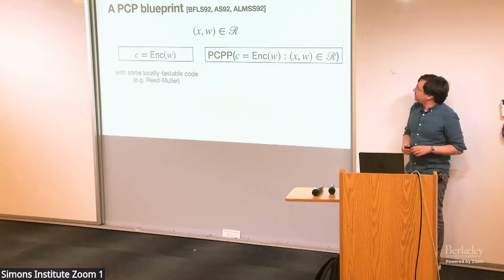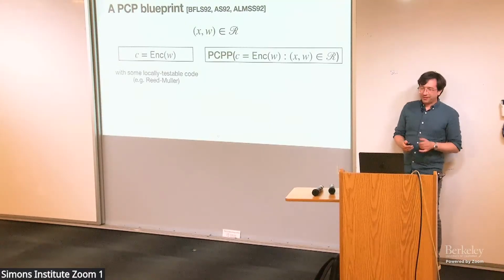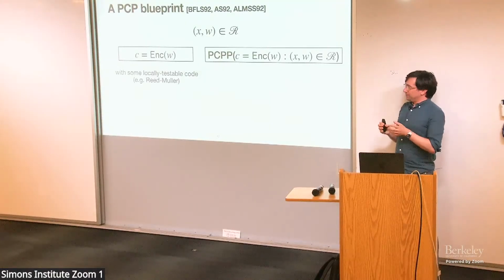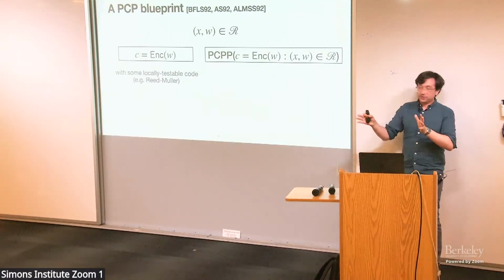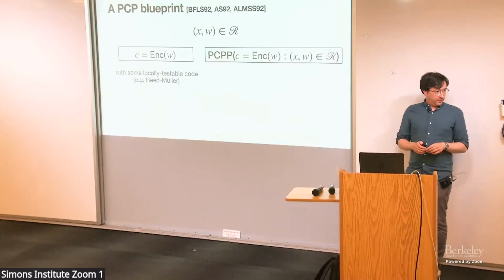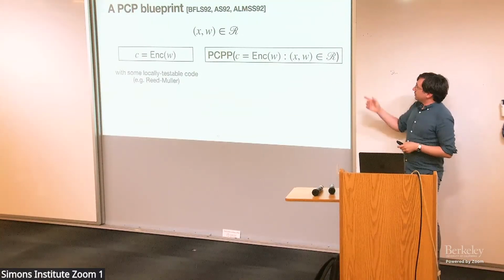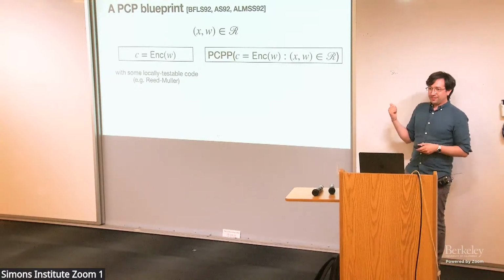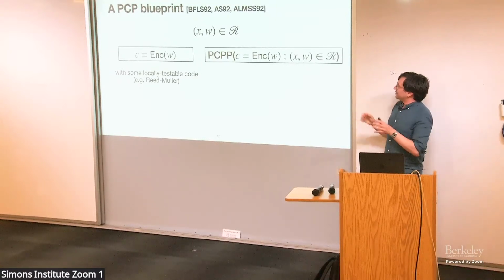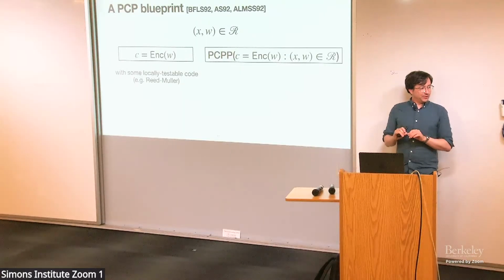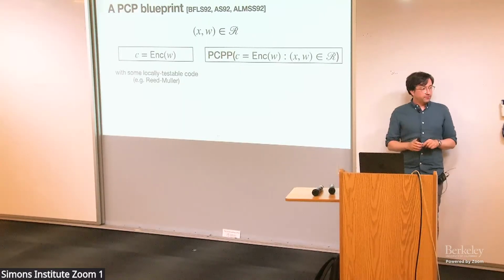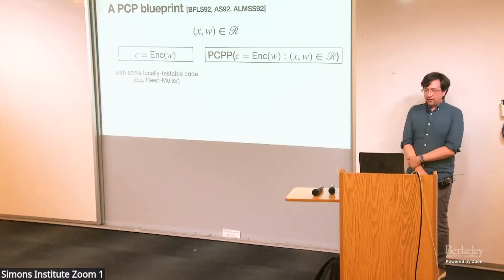I guess you can think about it like that. The way that I think about it is you have two inputs: an explicit input, which is x, and an implicit input, which is the thing that I have a proximity claim about, which is this. Explicit and implicit input to what? To the R. I guess the relation is kind of (x, Enc(w)), where (x, w) is in R. Okay.